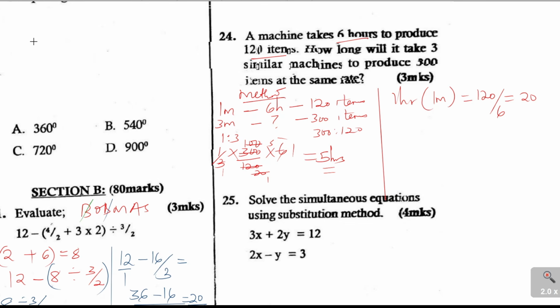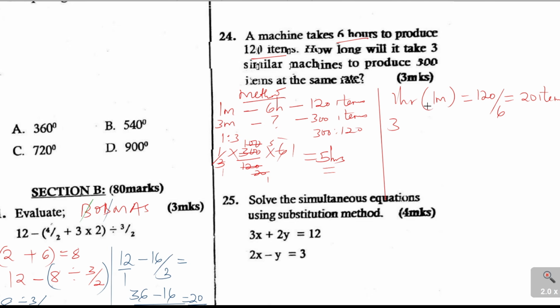So in 1 hour, we are going to take 120 divided by 6, and this will give 20 items. So in 1 hour, one machine produces 20 items. So what about 3 machines?